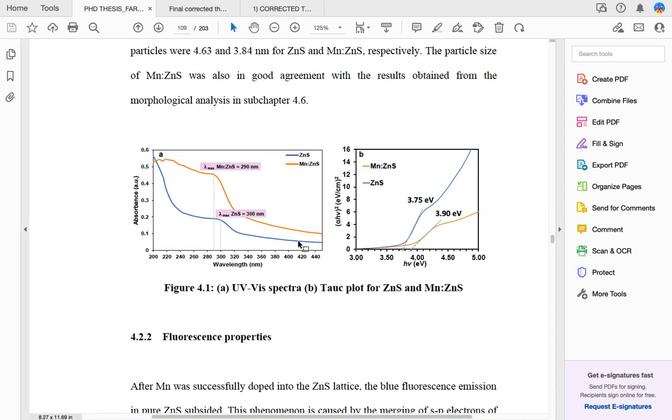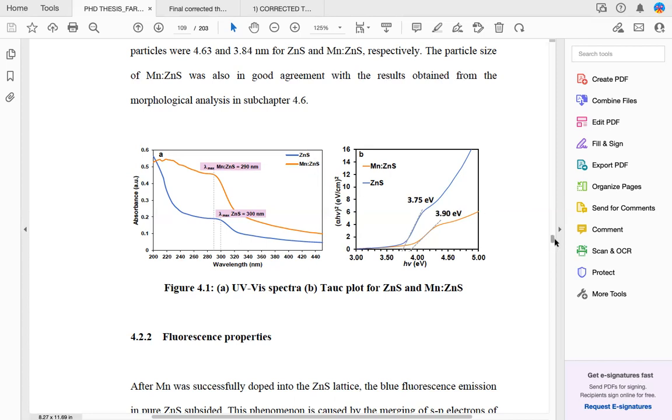Obviously it is UV-vis spectra. And B, Tauc plot. I actually don't know, this is for energy, for zinc sulfide and manganese zinc sulfide. So from the results, we can know that there is some shifting if you add manganese to the zinc sulfide.